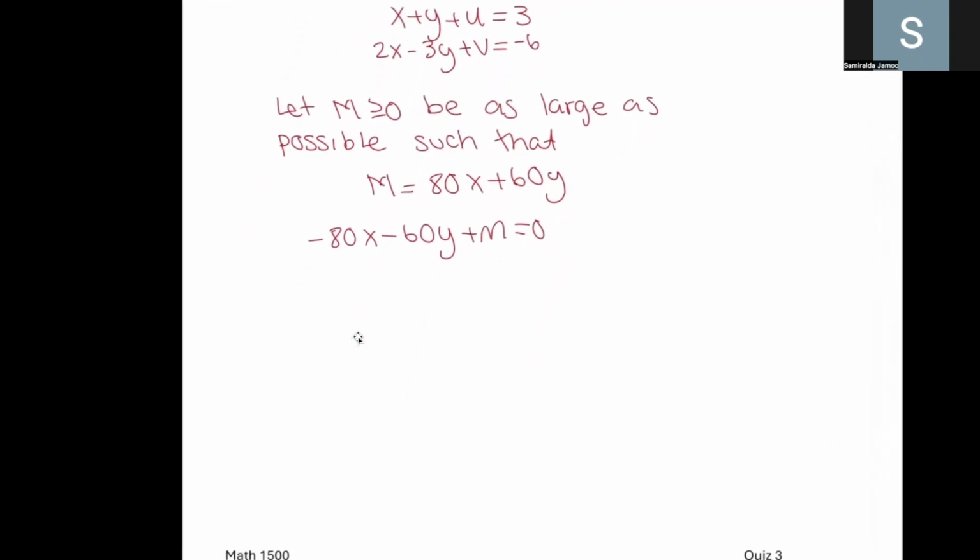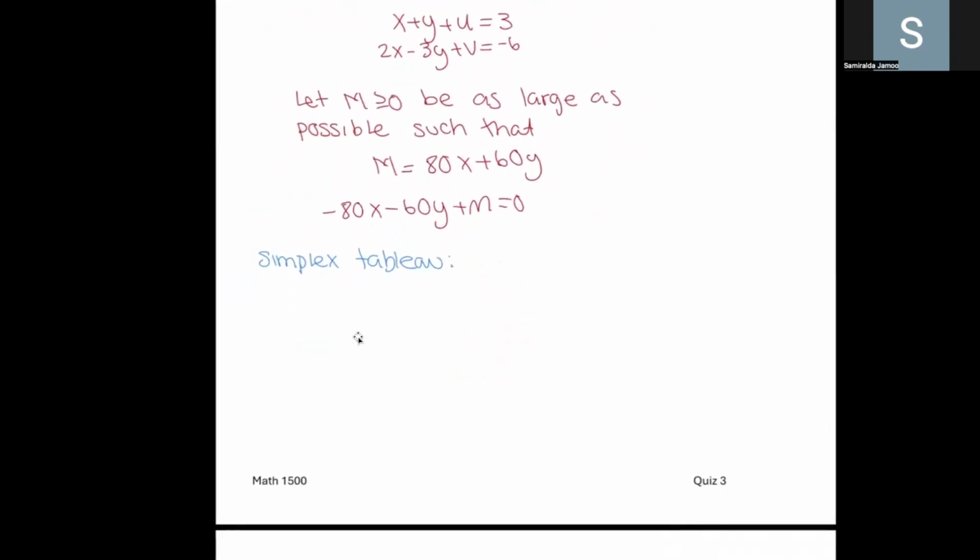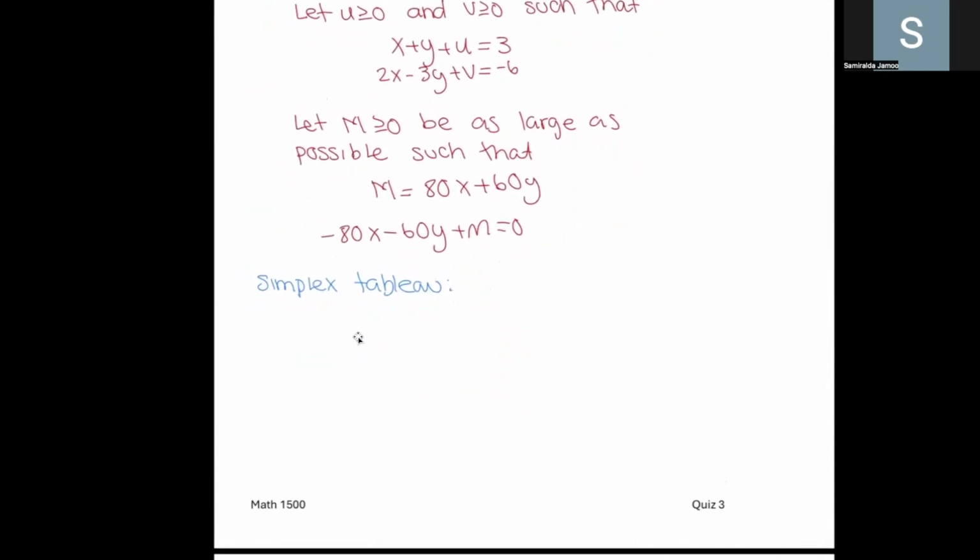So let's set up the simplex tableau. Let me zoom out a little bit so I can fit everything in here. Again, we have x, y, u, v, and m.